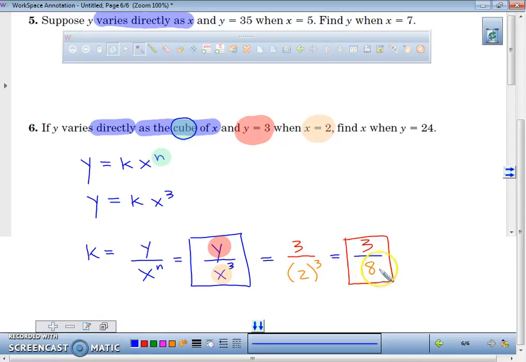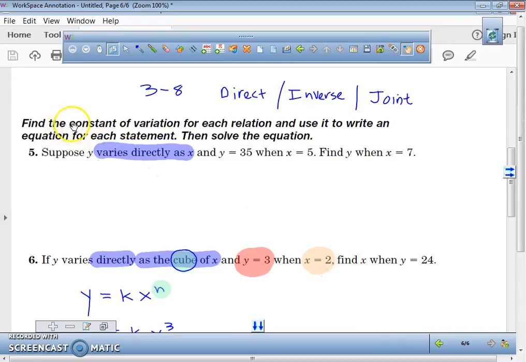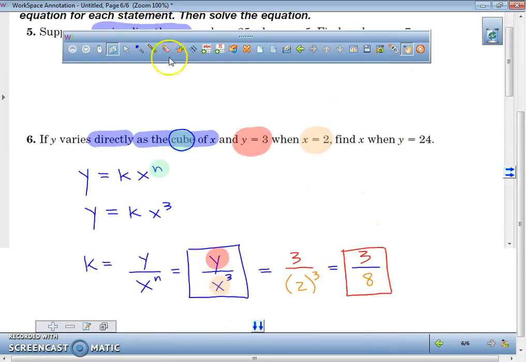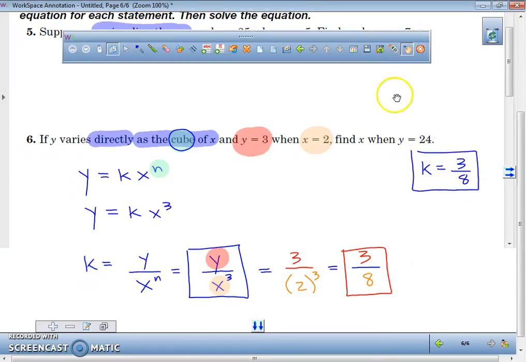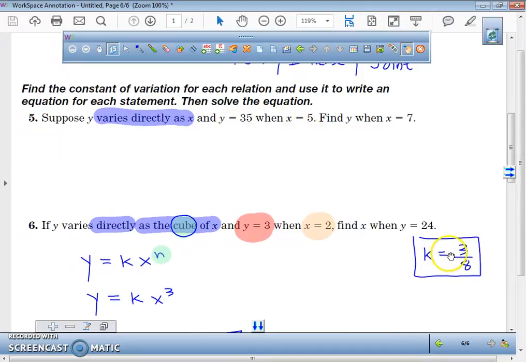One of the things we were asked to find, it says find the what? Constant of variation for each of these. So what is our constant of variation? 3/8. So right here on your paper, put k equals 3/8. That's one of your answers. That's the constant of variation. Now it says, and use it to what? Use it to write an equation.